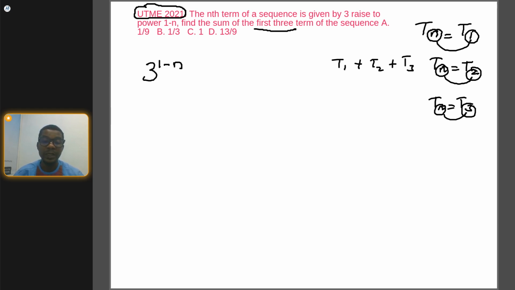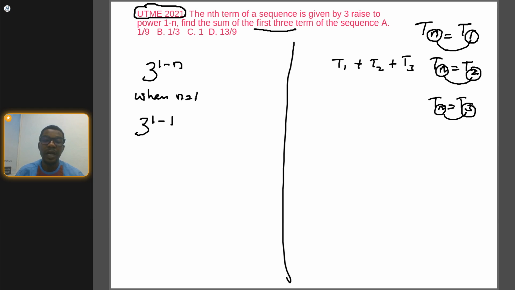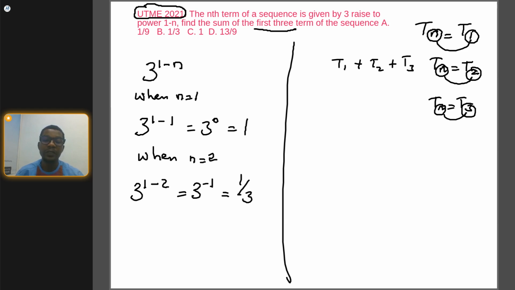So when n equals 1, this is going to give us 3 raised to the power 1 minus 1. I've substituted the value of n to be 1. So that is 3 raised to the power 0, which is 1. Then when n equals 2, we're going to have 3 raised to the power 1 minus 2, which is 3 raised to the power minus 1, and that's the same as 1 over 3.